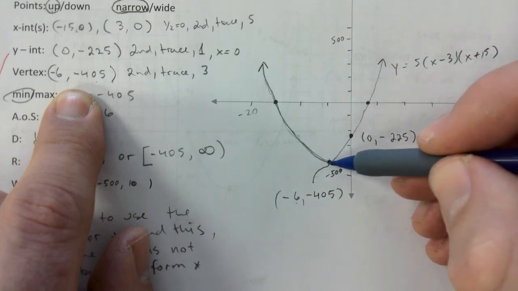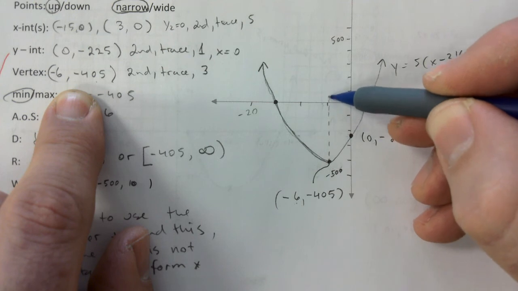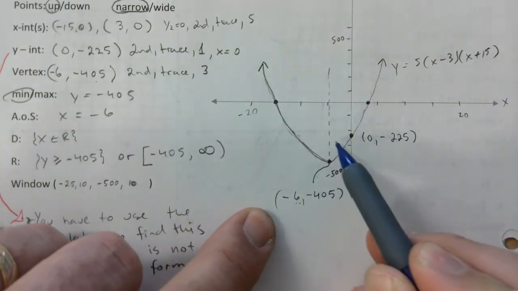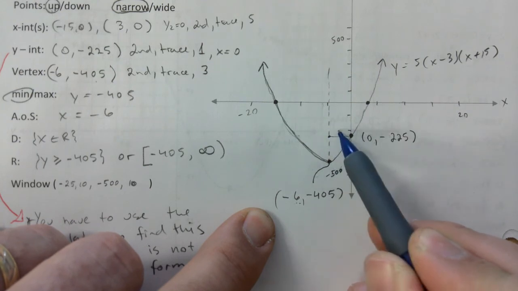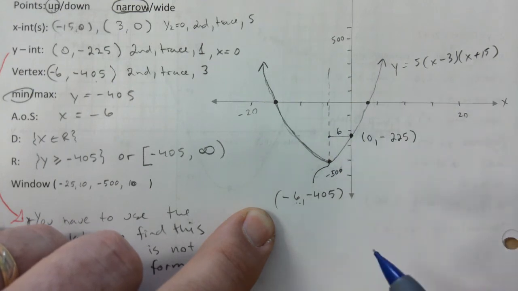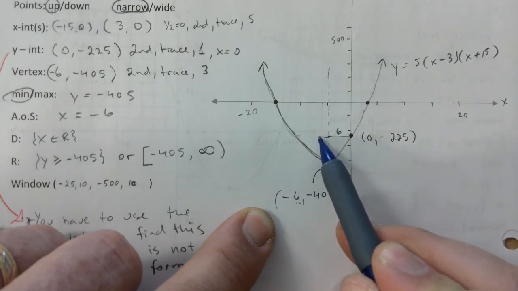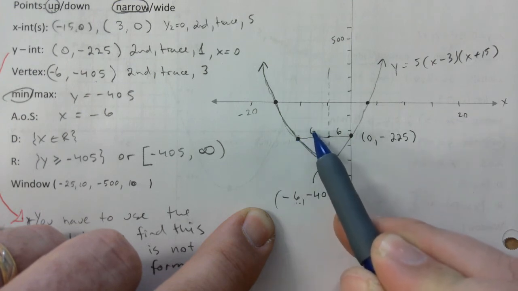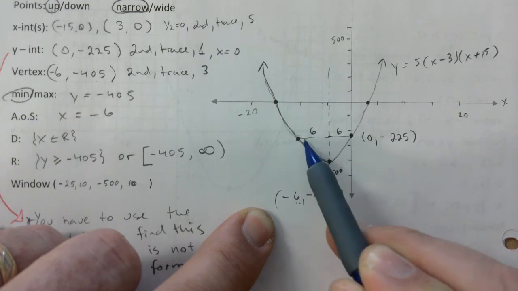So if this is where the axis of symmetry is going to go through, like this, right? So what you've just discovered is that from here to here, it's going to be 6 units. And to go from here over to the other side, to this leg of the parabola, it's going to be another 6. It's a distance, right?